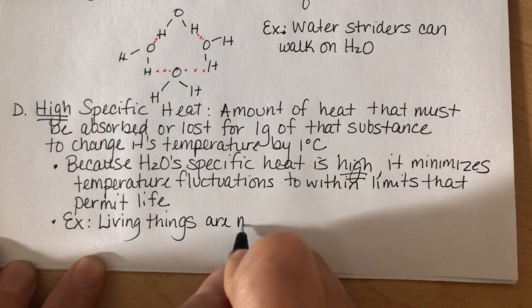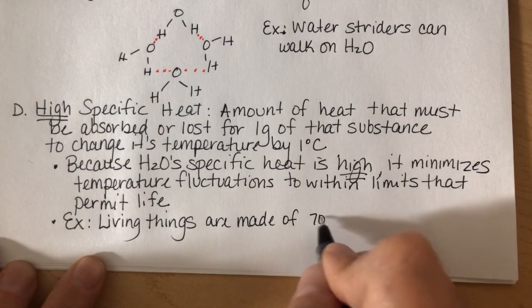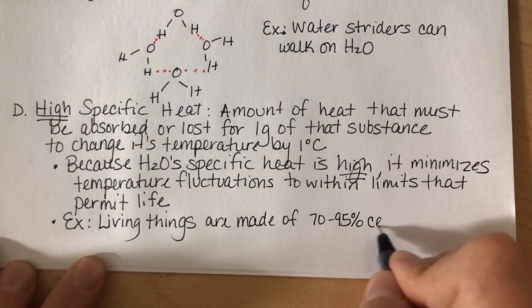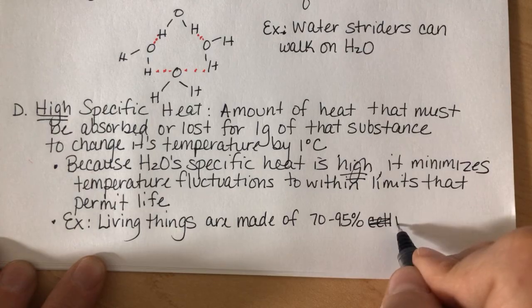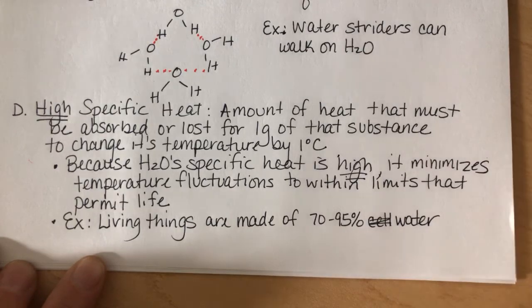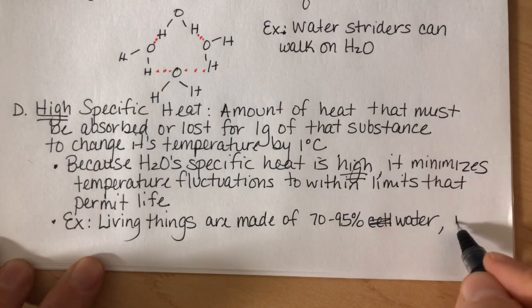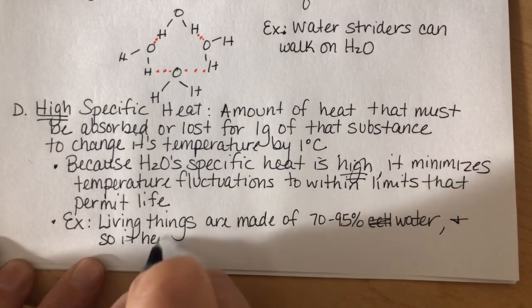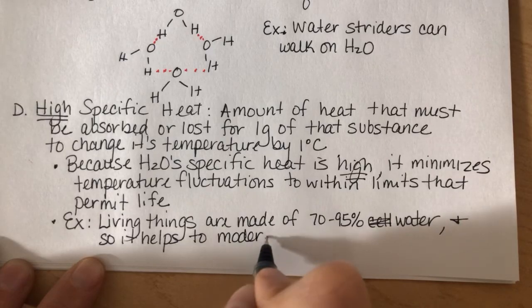Cells are made of 70 to 95% water, depending on the type of cell. 70 to 95% water. And so what it does, it helps to moderate the temperature of living things.